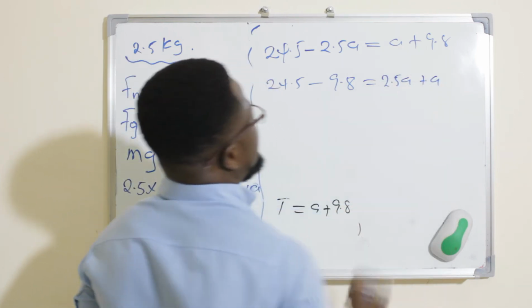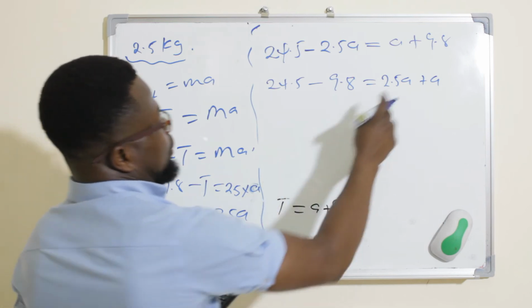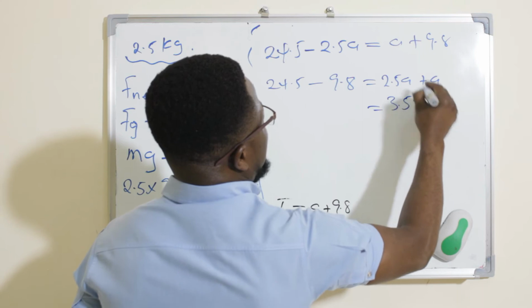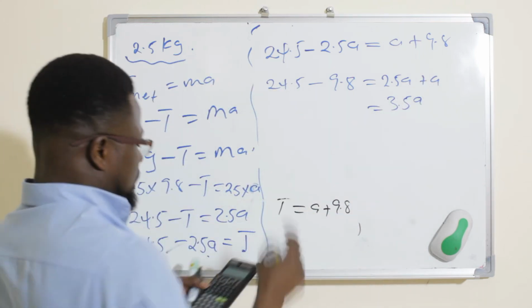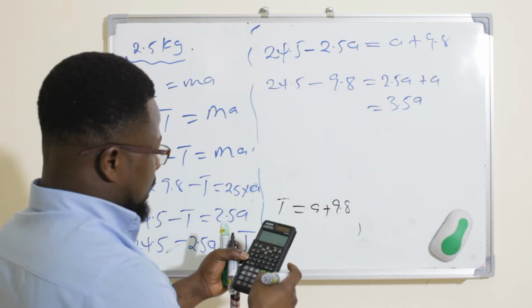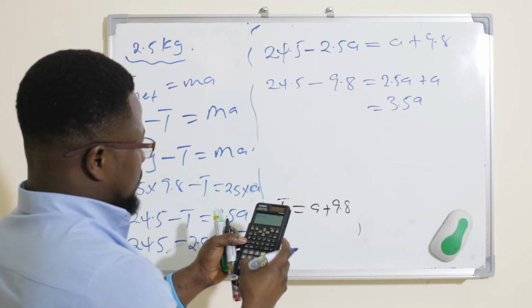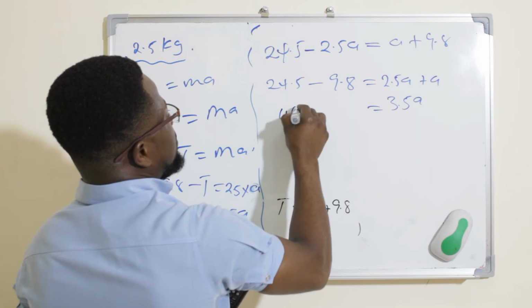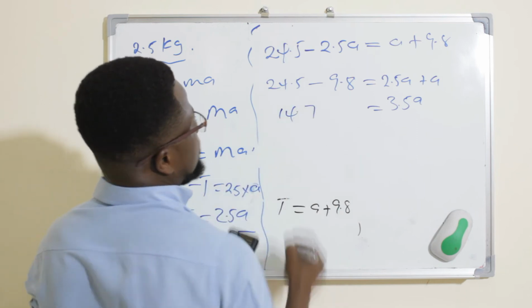2.5A plus A, and automatically this becomes 3.5A, and this is 24.5 minus 9.8, and that is going to give me 14.7.